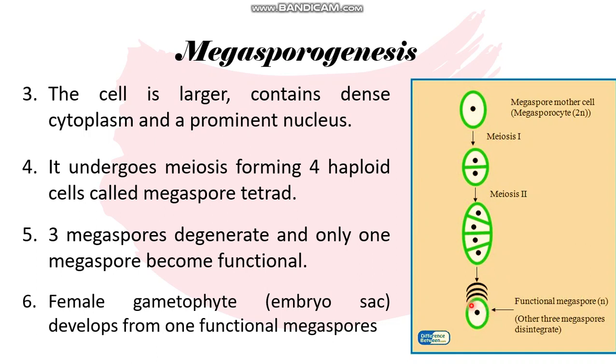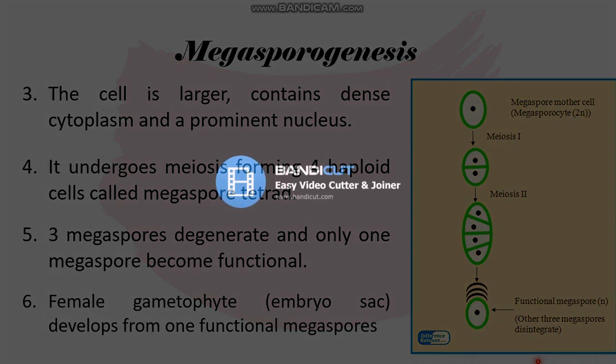And this functional megaspore later develops into the female gametophyte or embryo sac. So at the end of megasporogenesis, we obtain one megaspore.